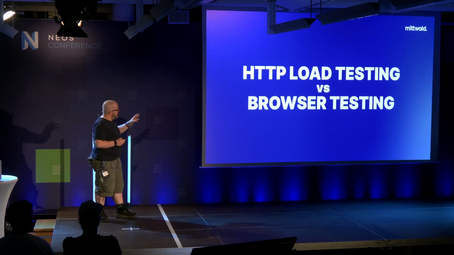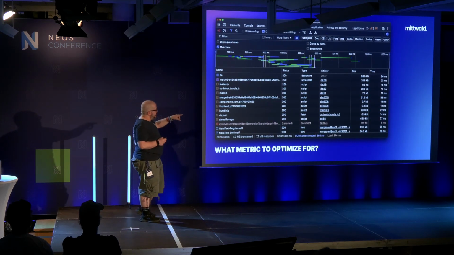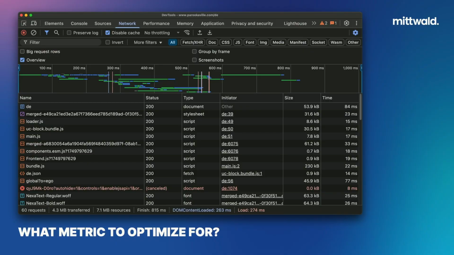So if we have a look at how a browser executes an HTTP request, and also what is the metric that we actually want to test and optimize for, is it the duration of that first HTTP request? We can do that, but that's not ultimately what the user cares about, right?